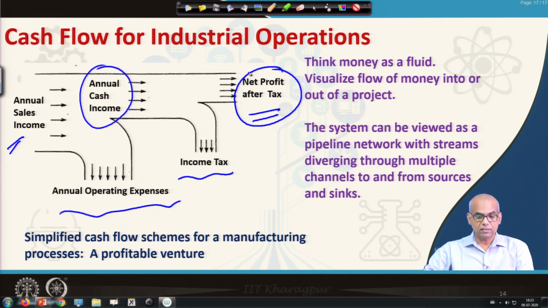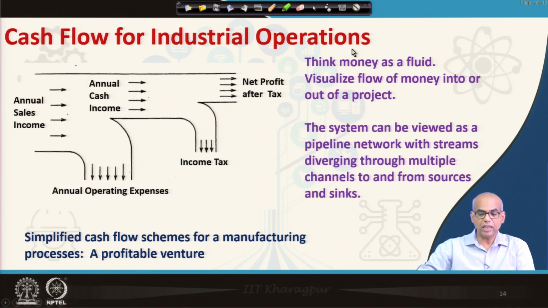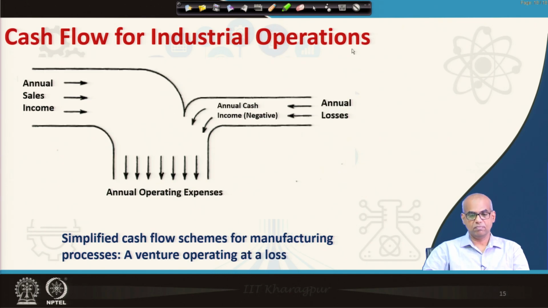So, here we see a simplified cash flow scheme for a manufacturing process, and you see that you are getting positive flow as net profit after tax. So, this is a profitable venture. What will happen if your company invites losses?